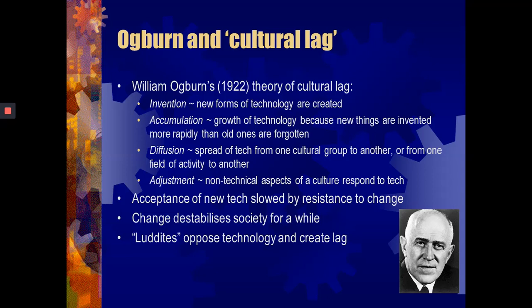It takes a while for society to catch up and for law codes to catch up and for notions of socially appropriate behaviour to catch up with the ever-changing technology. It's even more so now than it was in Ogburn's lifetime, because the speed of technology is now much, much faster for us than it was for Ogburn back in the 20s.